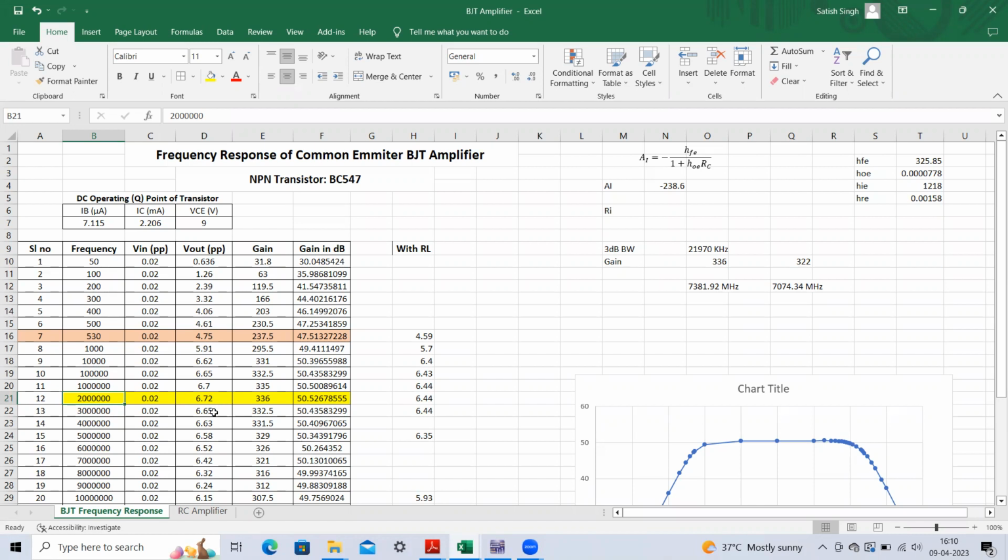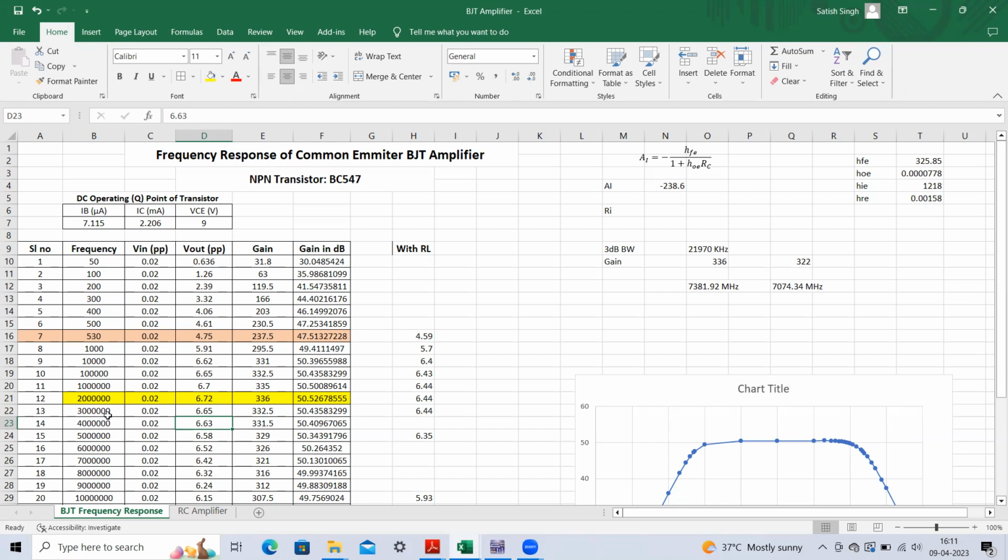When you further increase the frequency, this V output value is going to decrease: 6.65, 6.63, and so on. Normally we have to conduct the experiment and choose particular frequencies so that we can completely draw the frequency response.